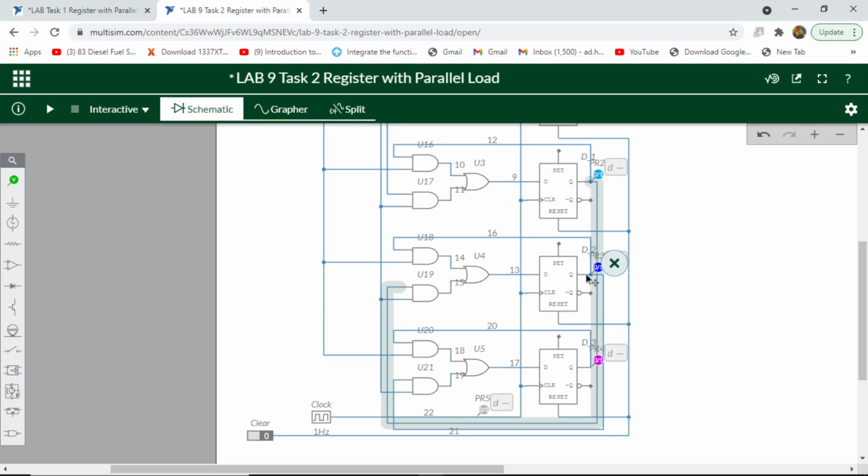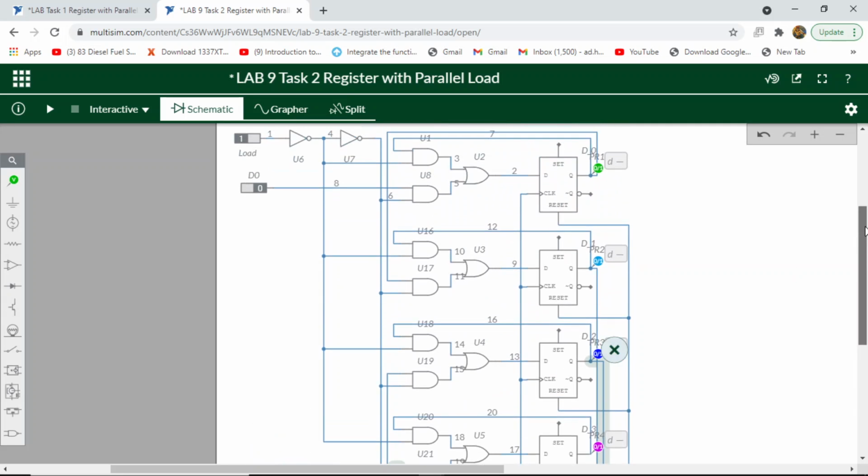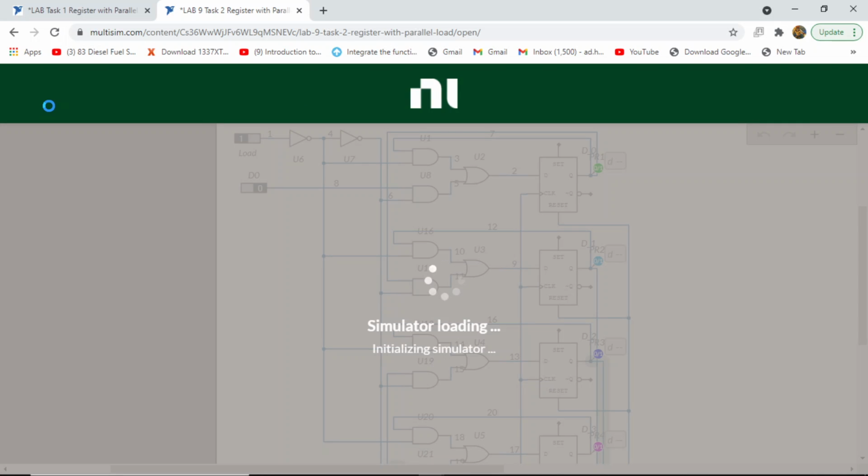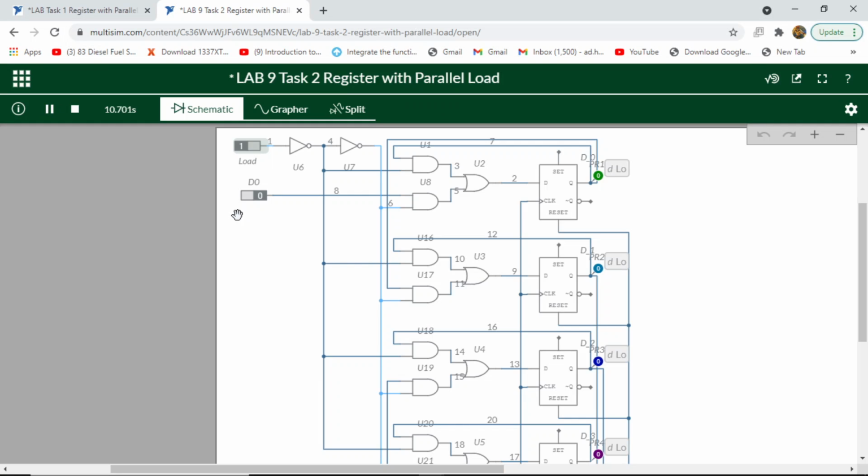So let's start the simulation. And also in this circuit we have one input bit instead of four like in the previous circuit.